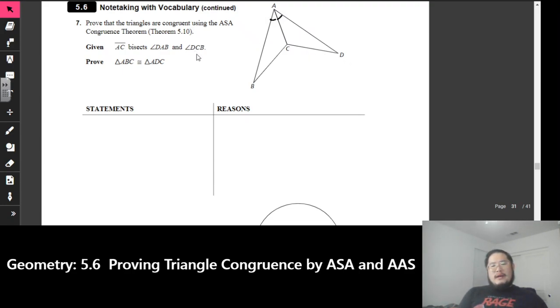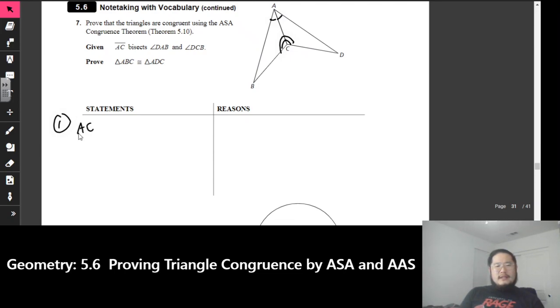Next up, we got angle DCB. It says this segment is also bisecting this bottom angle. So remember, we're going to have two congruent angles right here. Let's show that in our diagram. Let's start putting everything together. Statement 1, hopefully you realize, is supposed to be the given.